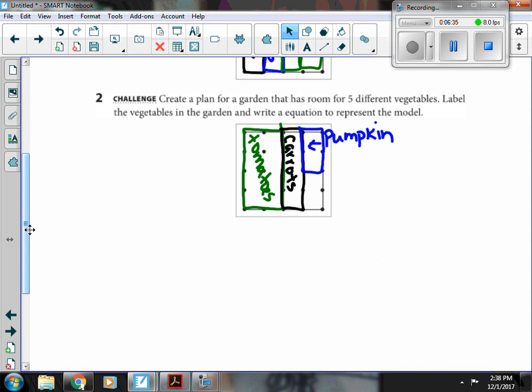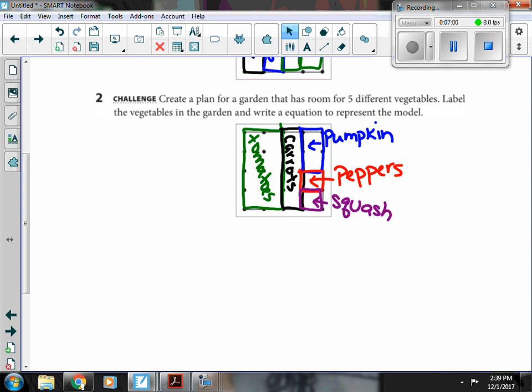And then I'm going to have 1/16 of my garden be peppers. And then I'm going to have 1 more 16th be squash. And I can give the squash to someone else because I don't really like squash.